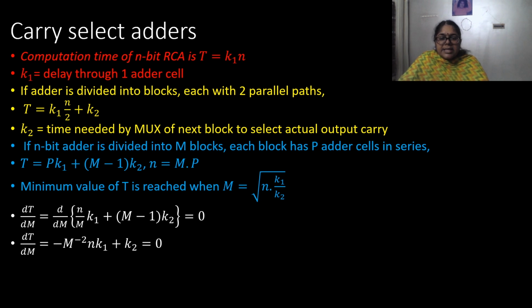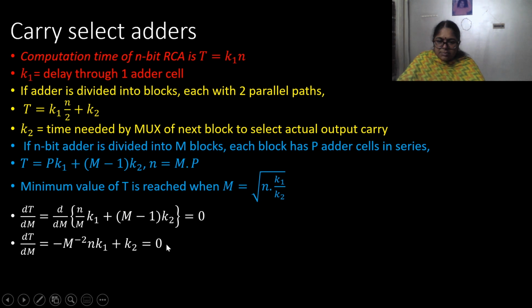But n is equal to m into p, so p is equal to n by m. That is what I have substituted here, and differentiated with respect to m. For the first term we get minus m to the power of minus 2 into n k1, and for the second term we get k2. And we equate it to 0.